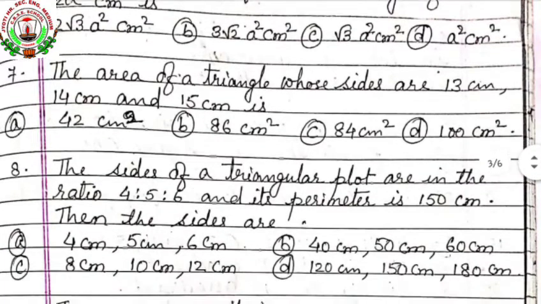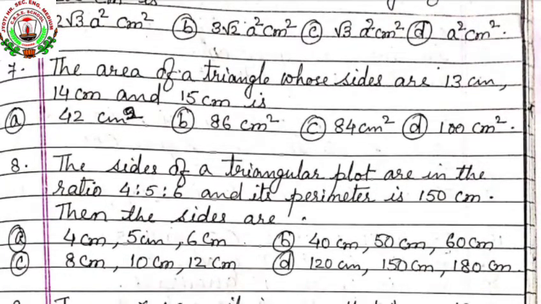Now, eighth question is, the sides of a triangular plot are in the ratio 4:5:6 and its perimeter is 150 cm. Now, let the ratio be x, then the sides will be 4x, 5x, 6x. Perimeter we know is 4x plus 5x plus 6x because it is the sum of the sides. Now, that is equal to 150.